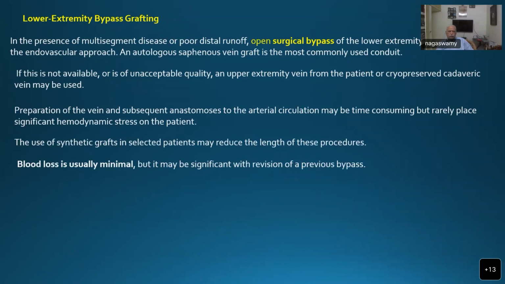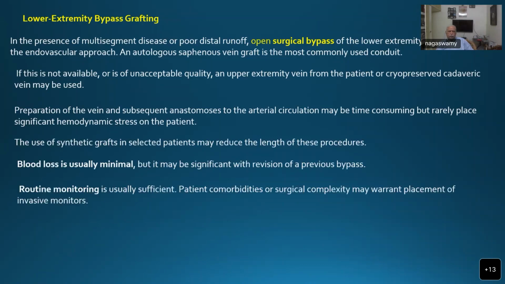Blood loss during the first time surgery will usually be minimal, but revision procedures may cause more excess bleeding. Routine monitoring is usually sufficient, but patient comorbidities will decide whether you require invasive monitors or not.